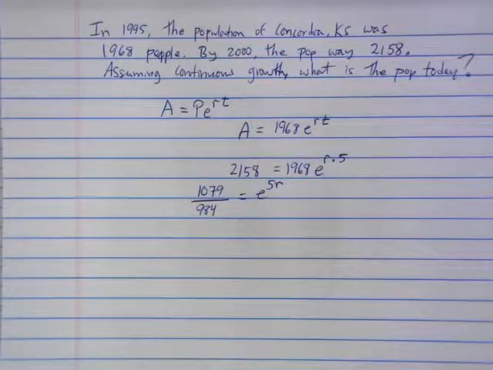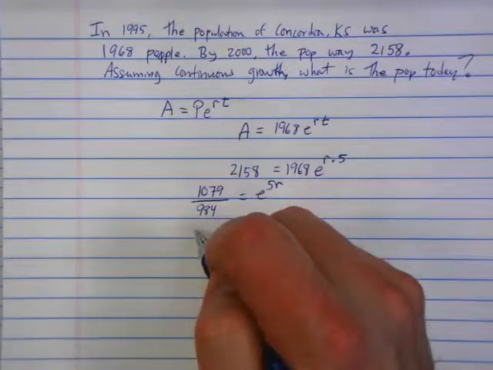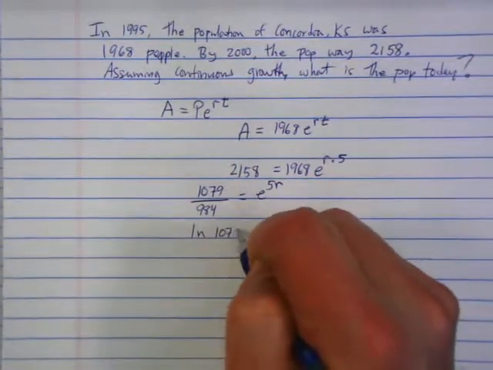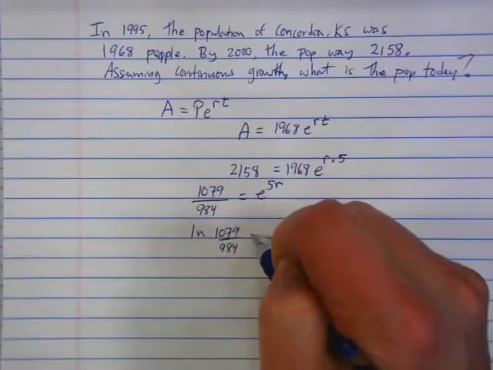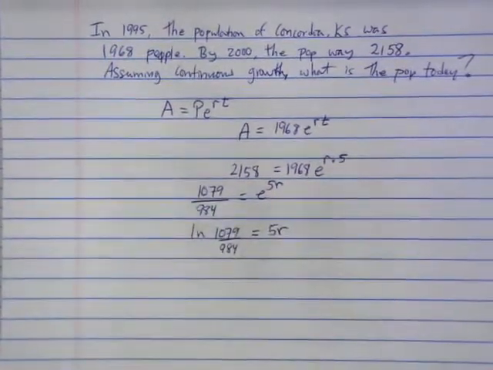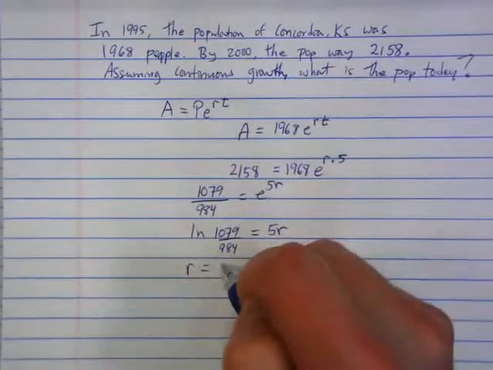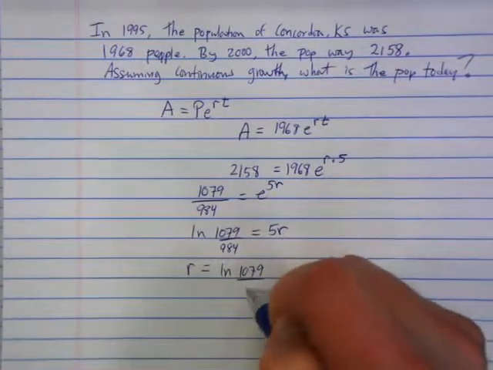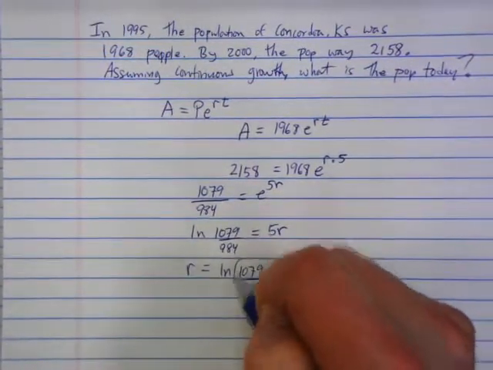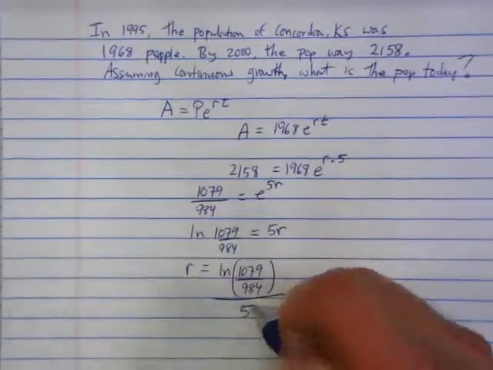And then you said do what? You said do ln. So ln of 1079 over 984 equals 5r. So r is ln of 1079 over 984, and then that whole thing is divided by 5.